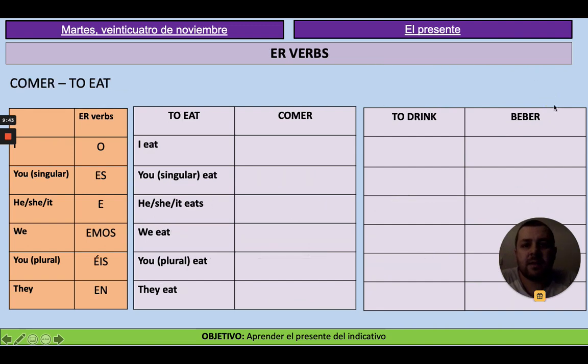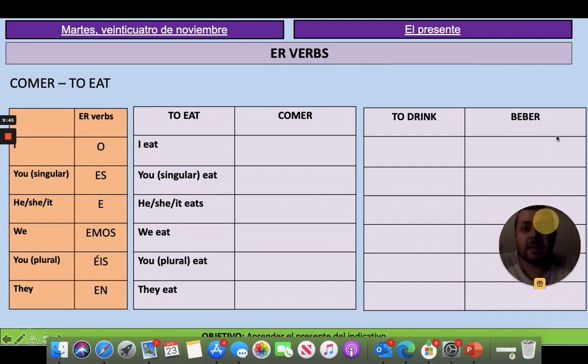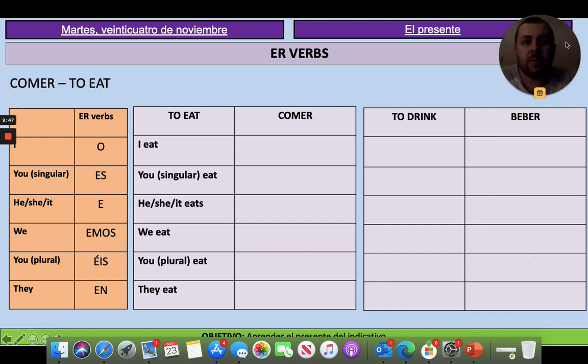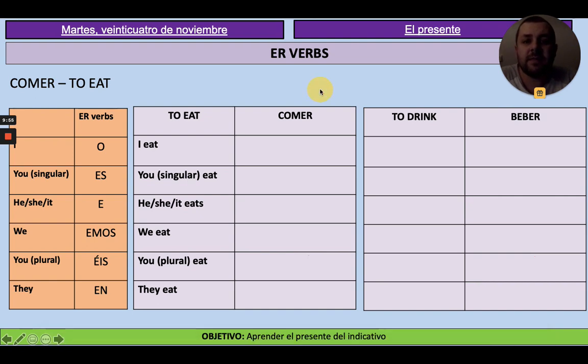Okay, so ER verbs, it's the same rule. We start with the infinitive. Here we're going to use comer, which means to eat. We remove the infinitive ending but this time the infinitive ending is er, so we're left with the stem com. On its own that doesn't mean anything until we add the present tense endings onto it.